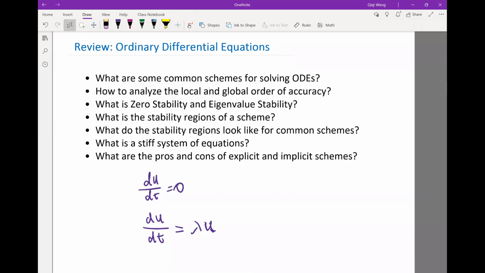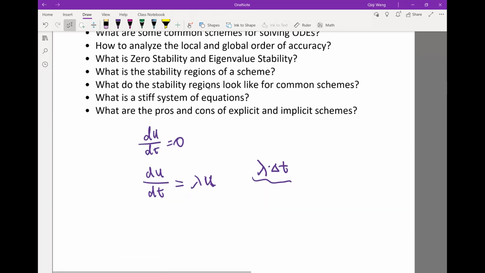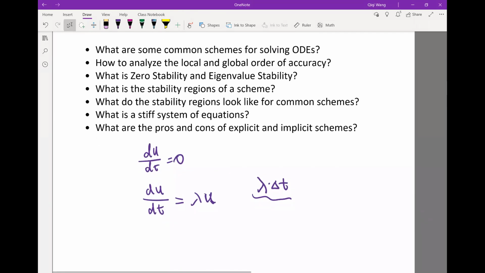A scheme may be eigenvalue stable or not eigenvalue stable, and it usually depends on the combined parameter lambda times delta t. This is the key parameter that determines whether a scheme is eigenvalue stable or not. And that links to the stability region of a scheme.